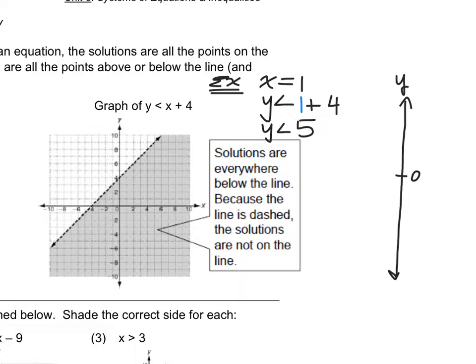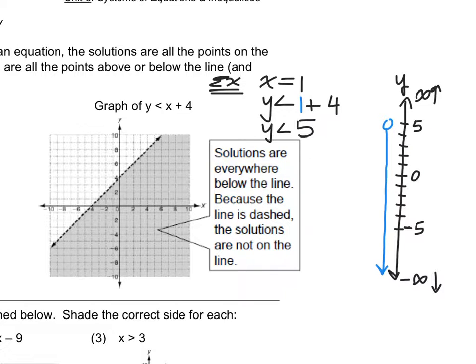I'd have 0 in the middle, 1, 2, 3, 4, 5. Maybe a negative 5 here. You'd have infinity up here, if that's where you're going. You'd have negative infinity down here, if that's where you're going. In the last unit, again, it was organized horizontally, but it's the same general idea. What I would do is draw an open circle on 5 and identify every value going towards negative infinity.